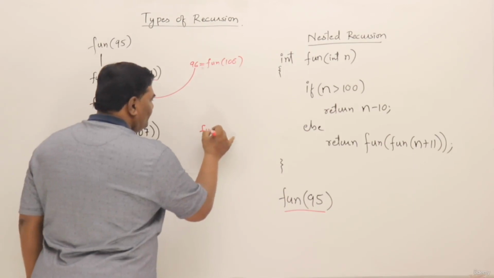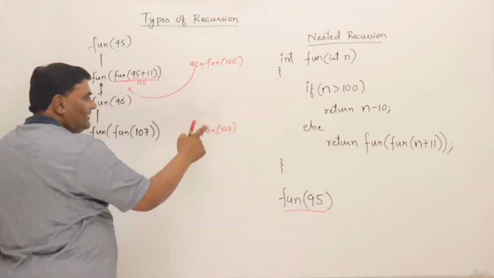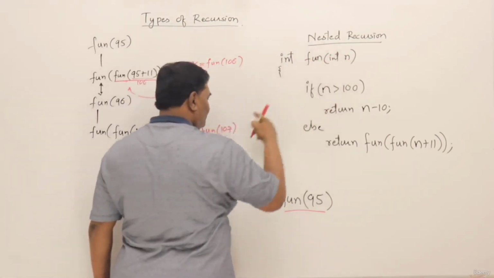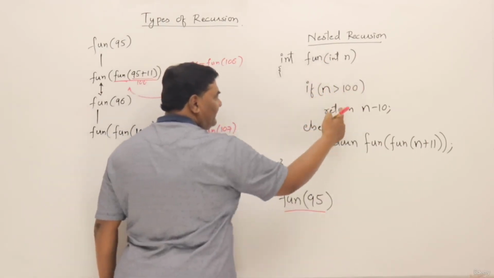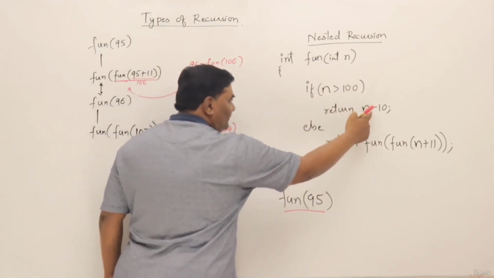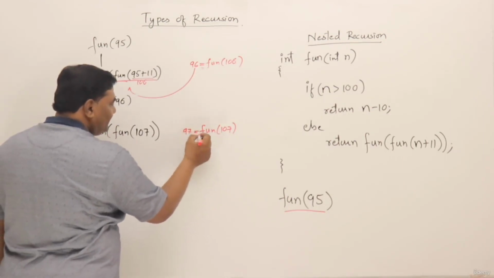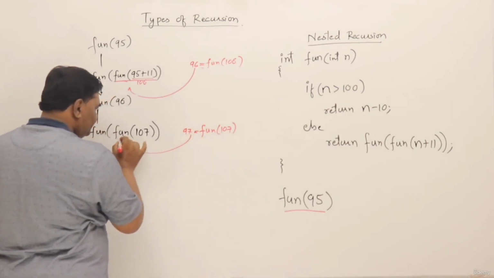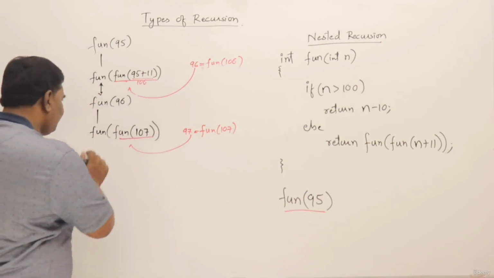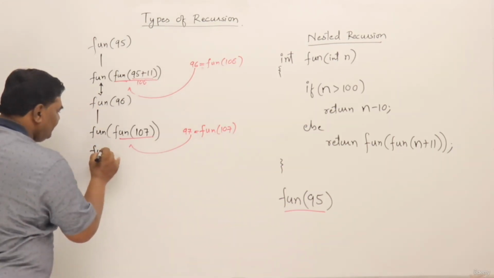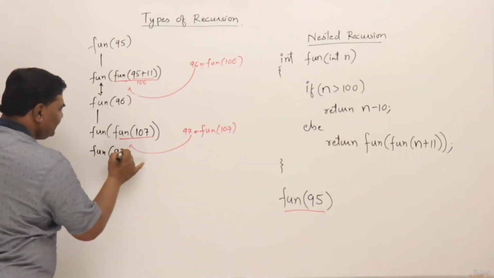Here n is 107, and 107 is greater than 100, so it returns 107 minus 10. So this becomes 97, the result of this function call. So this function now becomes fun of 97.